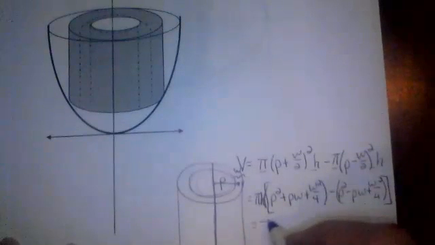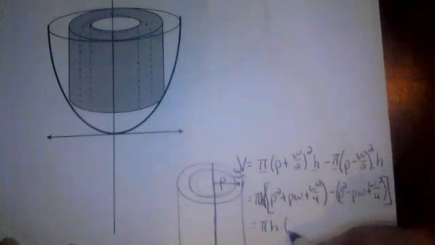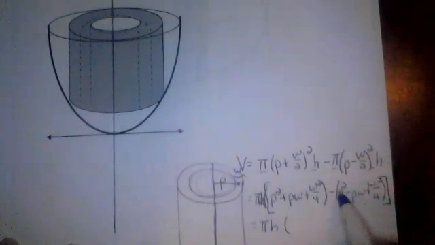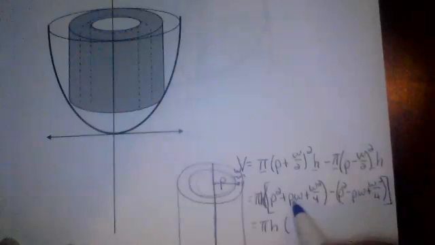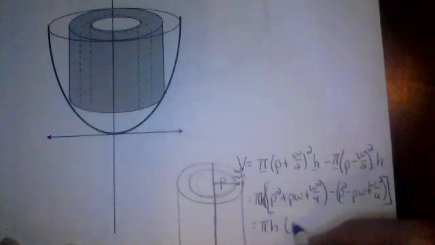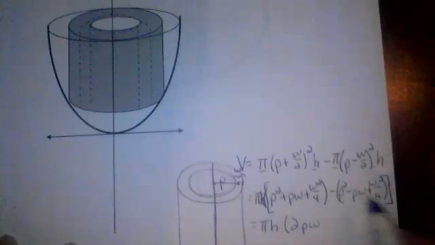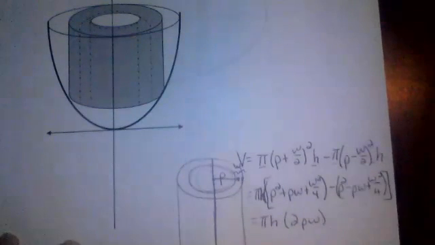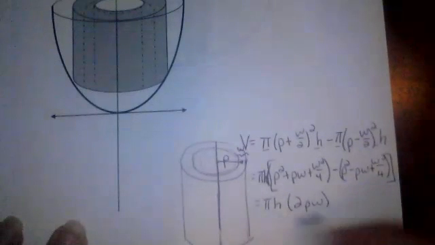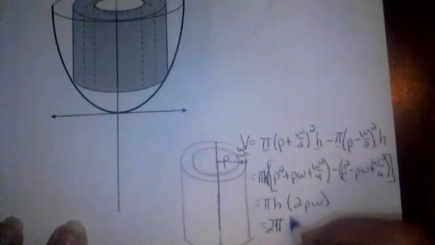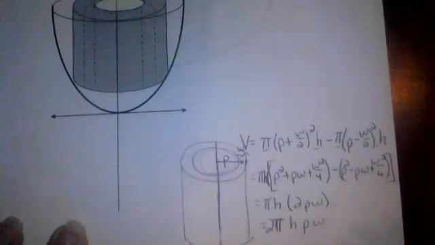And then if I subtract those, I have pi h times p squared minus p squared is gone. Pw minus a negative pw would be 2pw. And then w squared over 4 minus w squared over 4, that's gone. So I'm going to put the 2 in front, 2 pi, and then hpw.